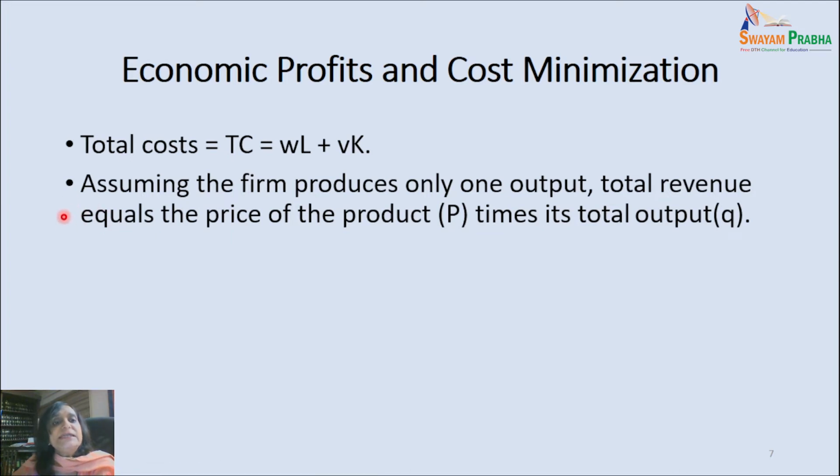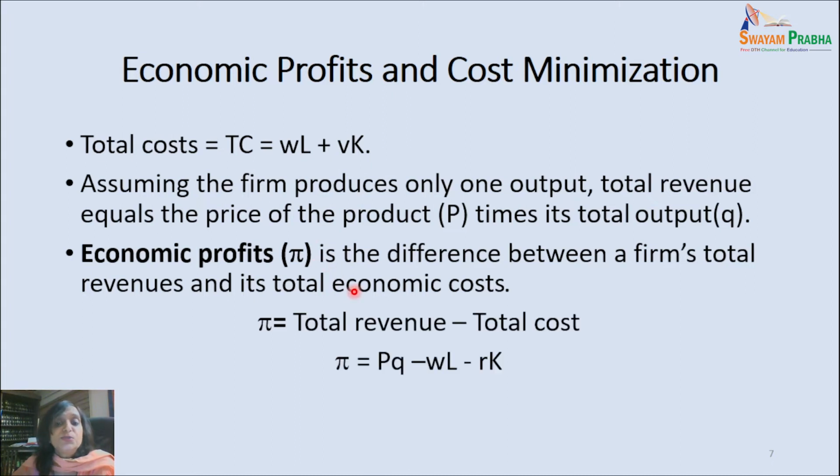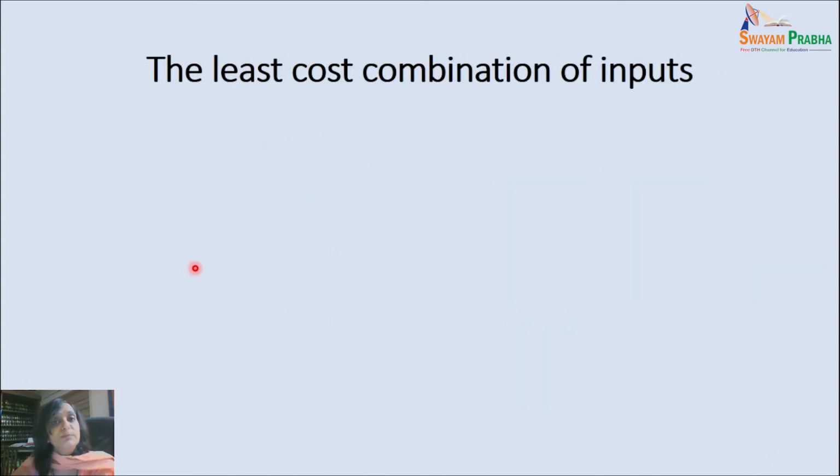Profit is the difference between this revenue and the cost. So economic profit is the difference between the firm's total revenues and total economic costs. If pi is your economic profit, it is equal to P into Q minus the total cost. So this will give us our profits.